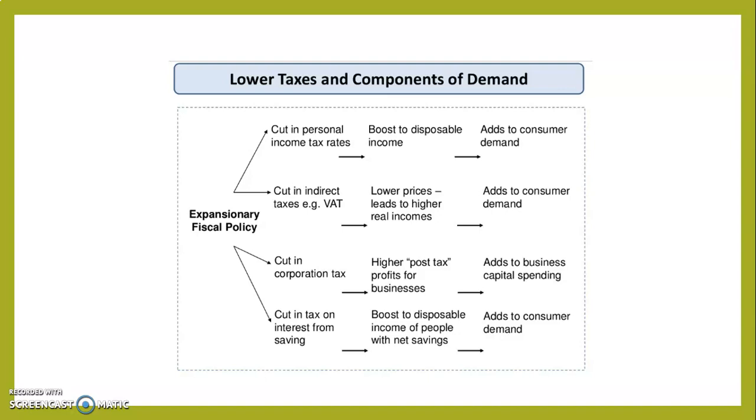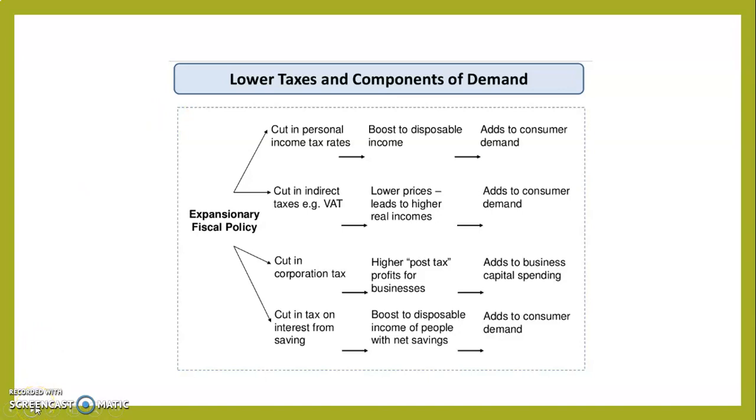Also, lowering the corporation tax will work as an incentive for business owners to expand their businesses and invest more. And as you know, investment is the second component of the aggregate demand, so increasing investment means that the aggregate demand will increase also.